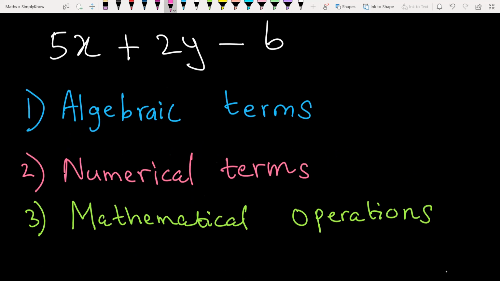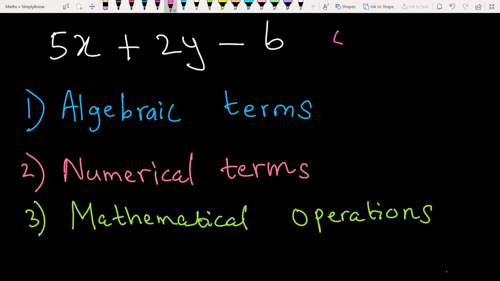Here, I have written an algebraic expression. Remember, an algebraic expression is different from a numerical expression because it contains algebraic terms. There are unknown terms. Let me write a numerical term.